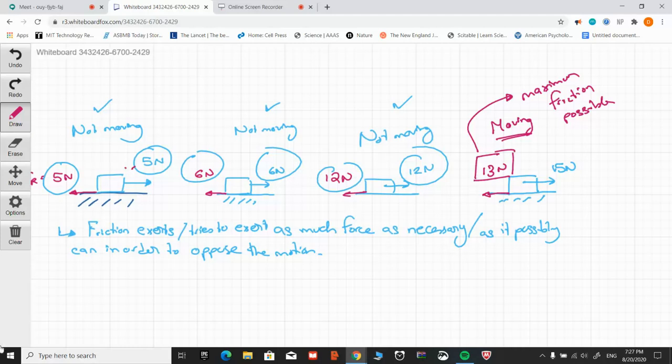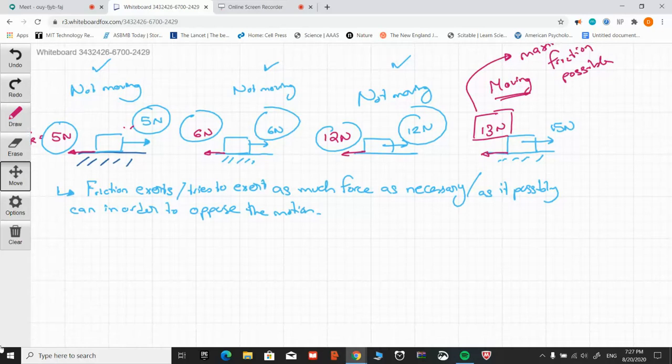So this concept right over here, where a surface tries to exert as much friction as needed in order to oppose motion, but only up to a maximum possible value, is the whole essence of what we call limiting friction.